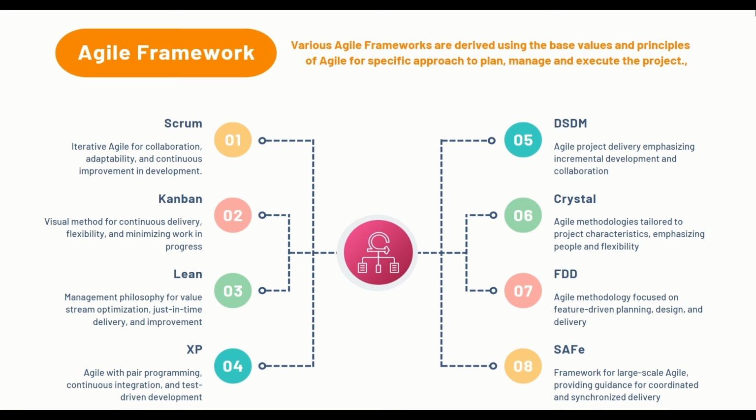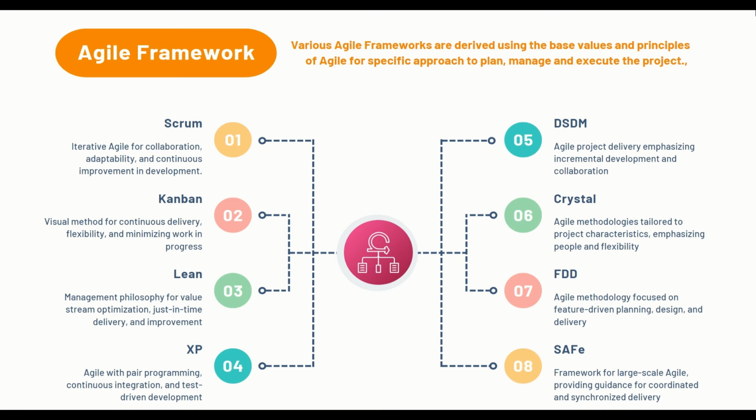This numbering is just a sequence. It has no impact on the priority and the popularity of these frameworks. So Scrum, Kanban, Lean, XP, DSDM, Crystal, feature driven development, SAFe. These are a few frameworks.